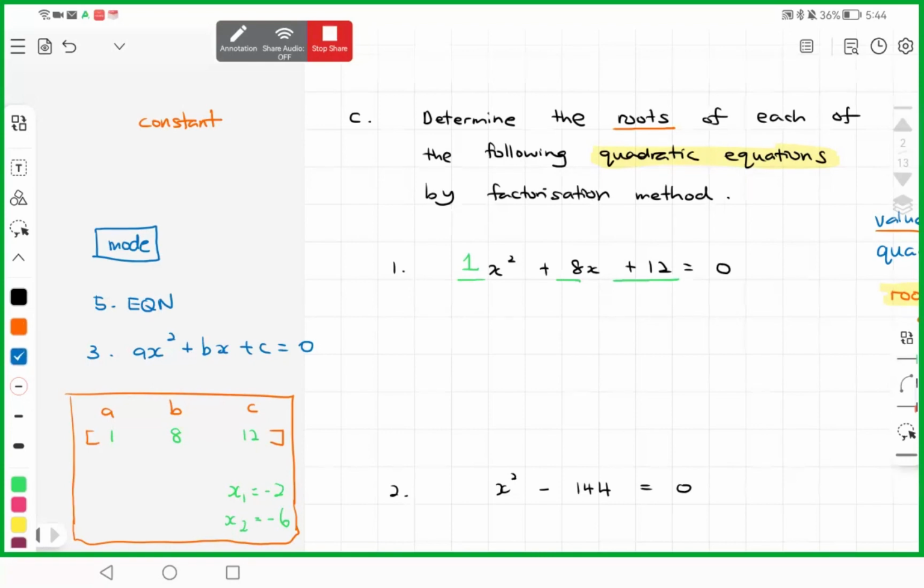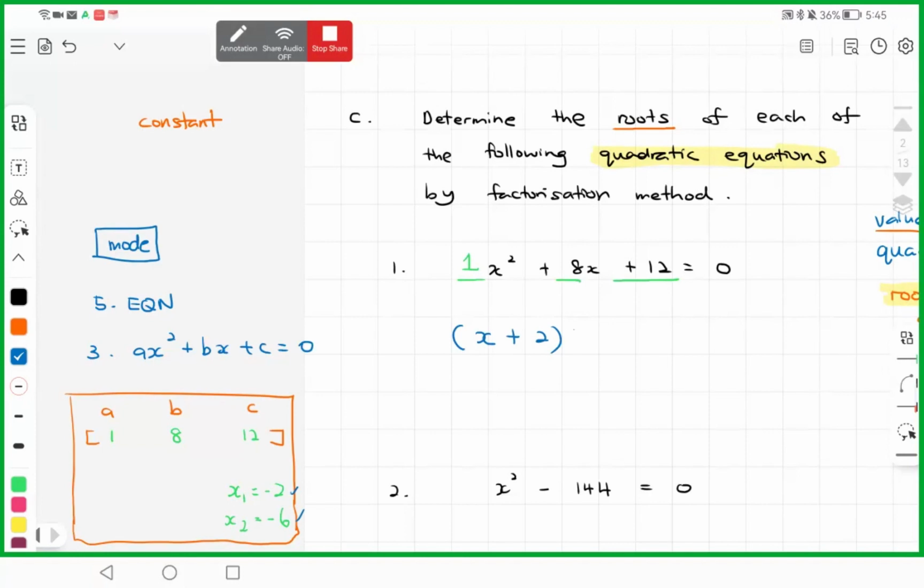So here, by looking at the answer, we do reverse engineering. x1 equal to -2, so if we opposite it, it will be x plus 2, because the answer is -2. If you opposite it, it will be +2.